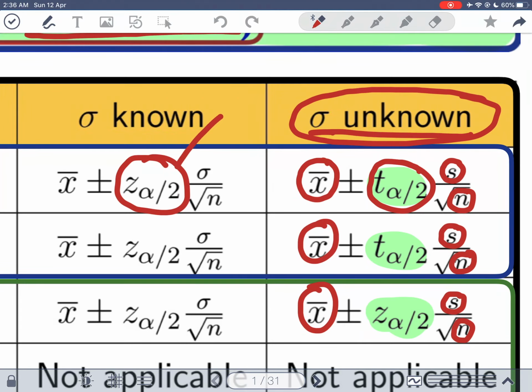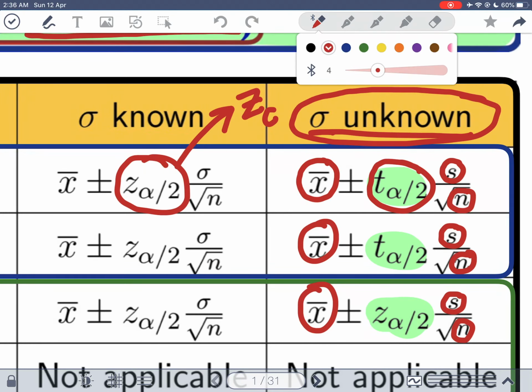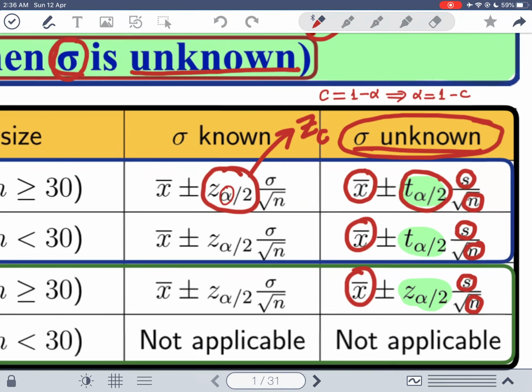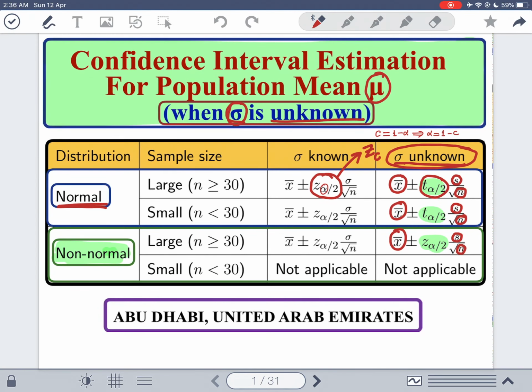Remember that for this z sub alpha over 2, we called it also z sub c, and you remember that c was the confidence level, and alpha that you see here was the significance level, and the relationship is c is 1 minus alpha, which means, of course, that alpha also is 1 minus c. Good. So if any of these things you forgot, you must watch the previous lecture.